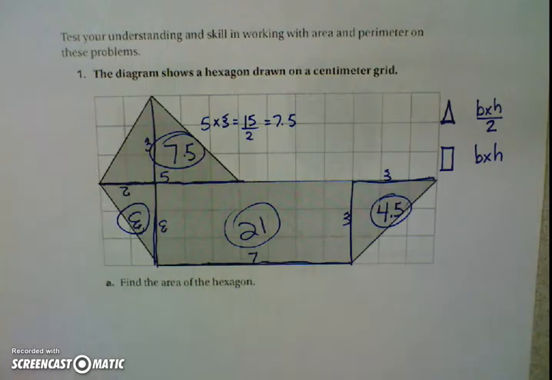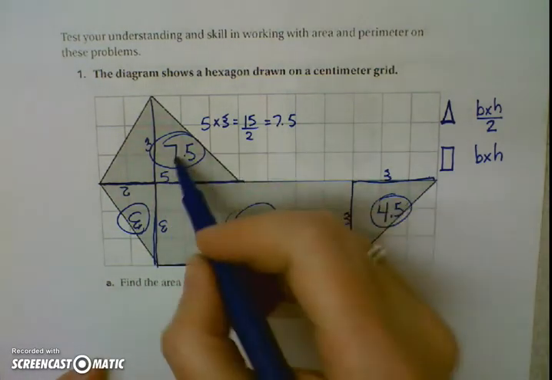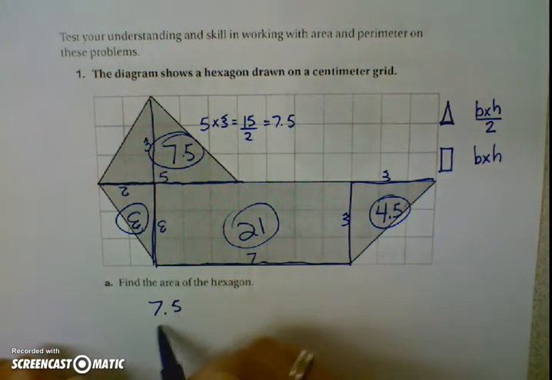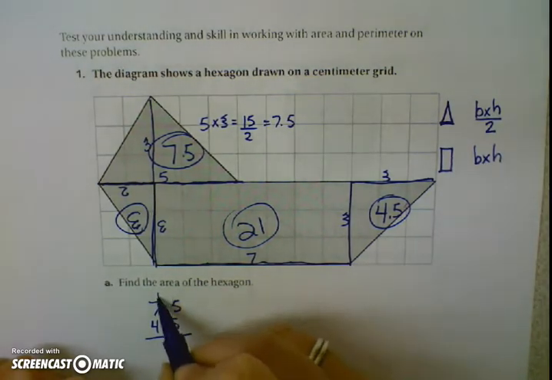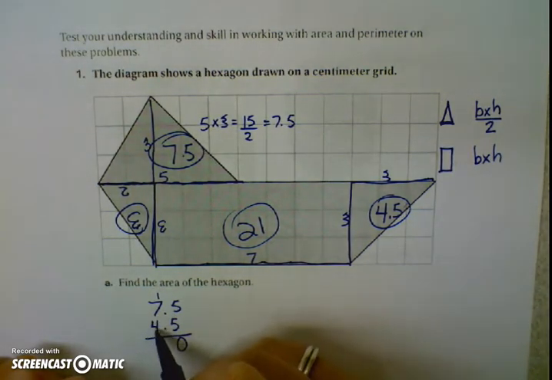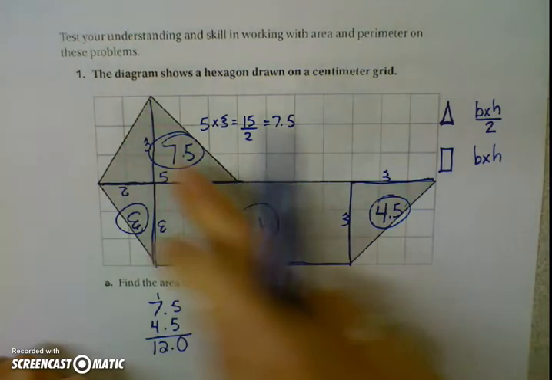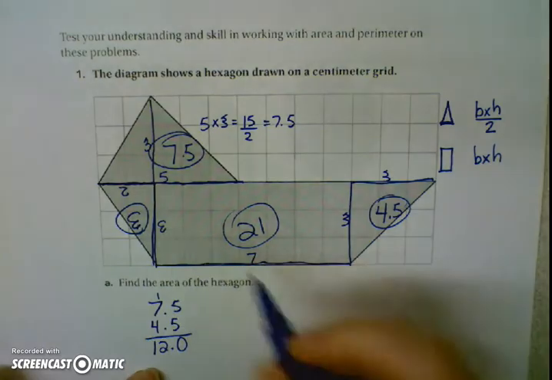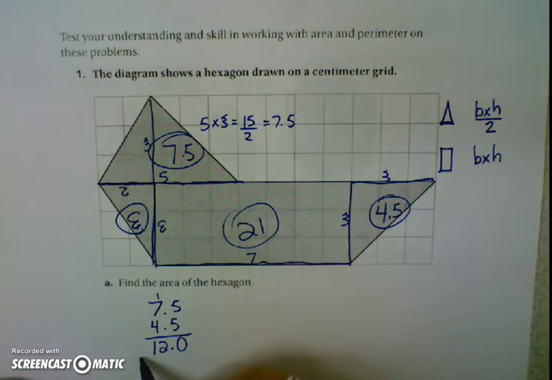To find the total area of the hexagon, I'm just going to add them together. I'm going to put the 4.5 and the 7.5 together just so I can combine those halves into one whole. Those pieces add up to 12. 12 plus 3 is 15.